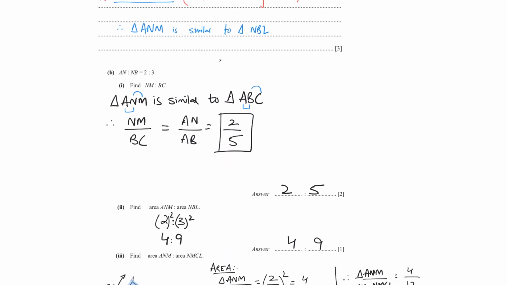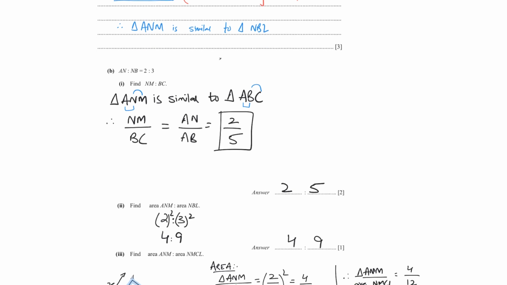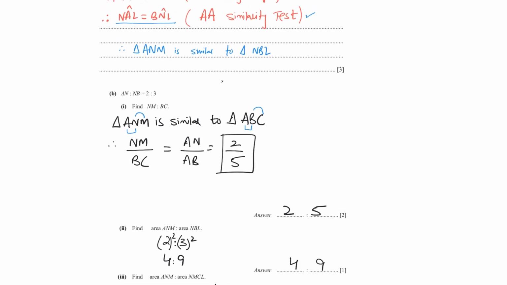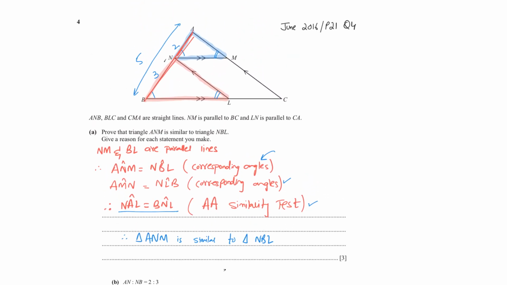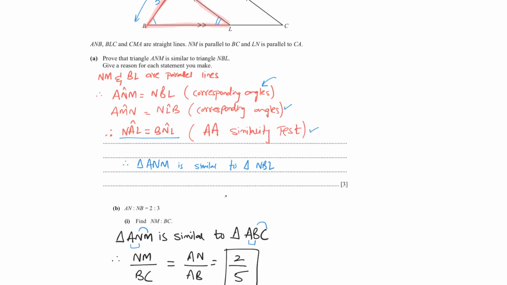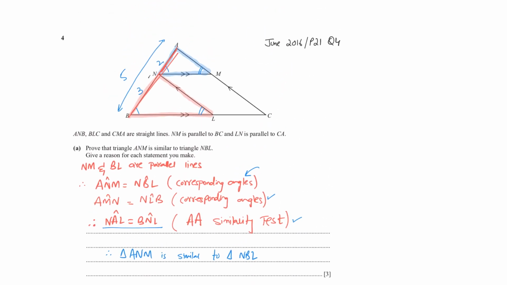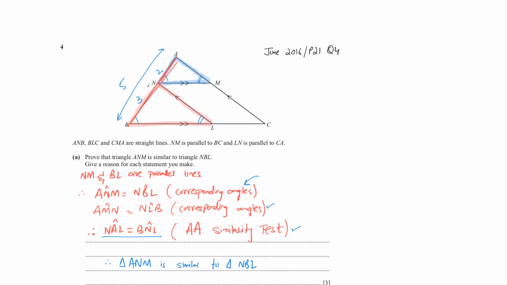In the next part, you are asked to find the area of ANM to the area of NBL. Area of ANM, which is this, to area of NBL. Now these two are similar figures, therefore the ratio of the areas must be equal to the square of the ratio of their corresponding lengths.